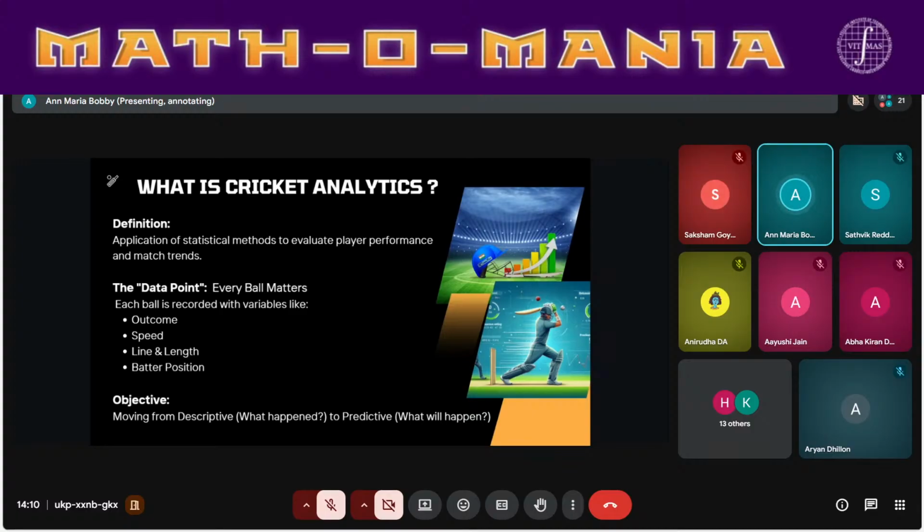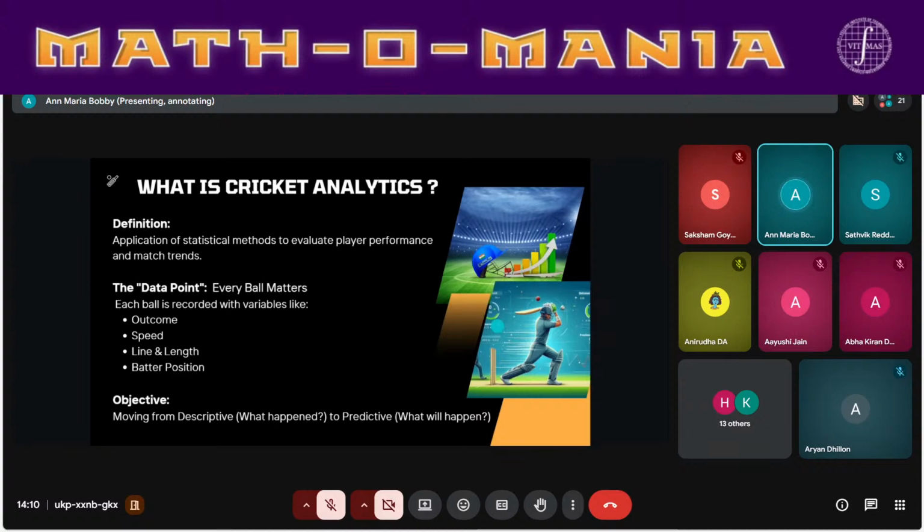We'll analyze the data and understand that this batter might struggle against spin in the middle overs. That is predictive analysis. Based on past data, teams use this information to plan bowling, set the field, choose players, and so on.